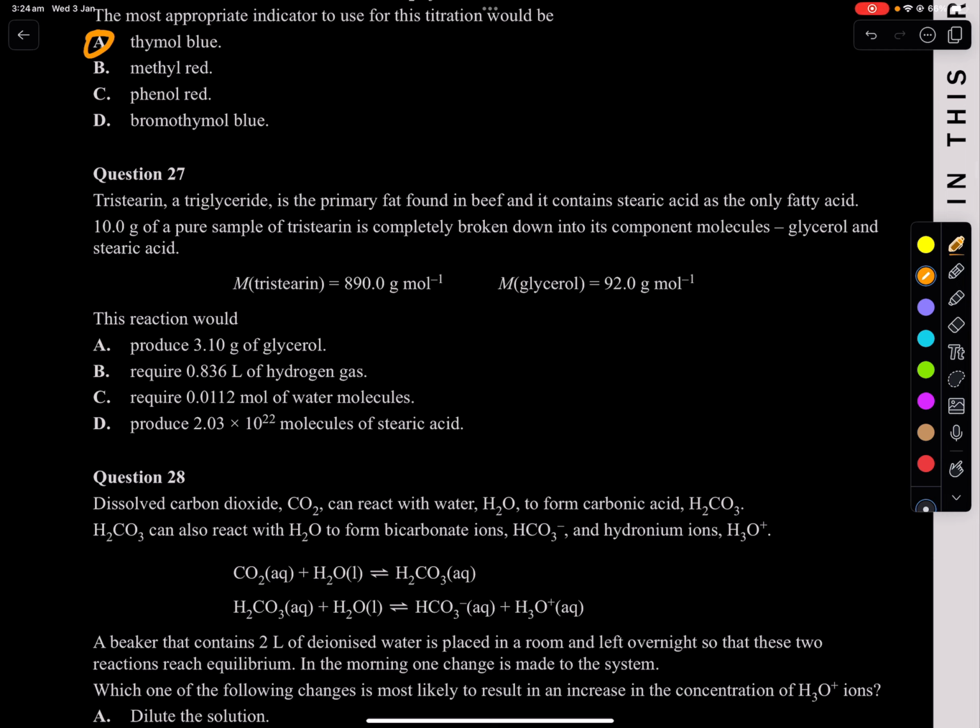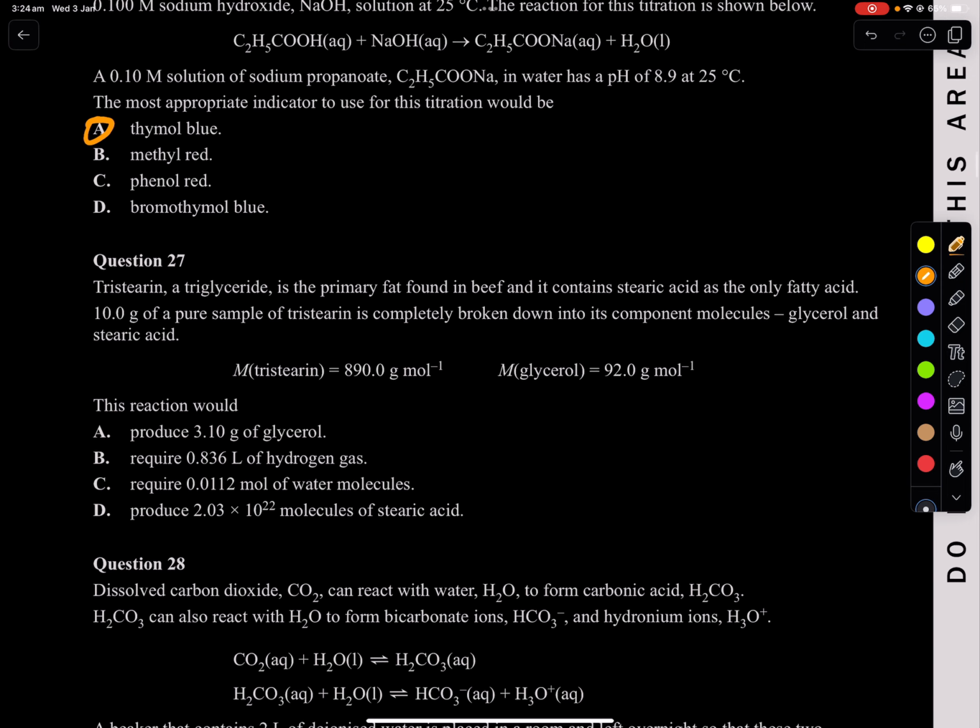Question 27. Tristearin, a triglyceride, is the primary fat found in beef, and it contains stearic acid as the only fatty acid. All right, so you know a triglyceride has a backbone of glycerol, and you know, 2 double O's here.